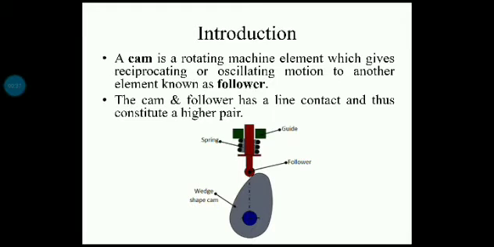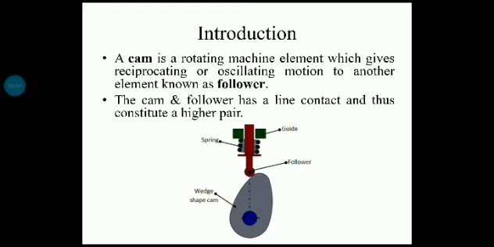Cam and follower is a mechanism which can be classified under higher pair. As per the definition of higher pair, in a cam and follower you have two links.